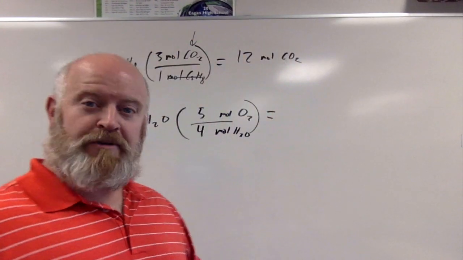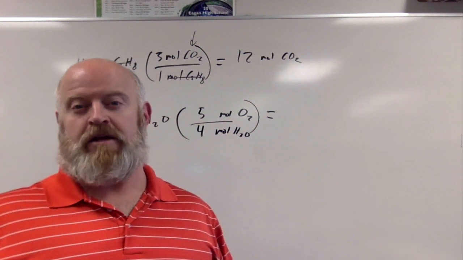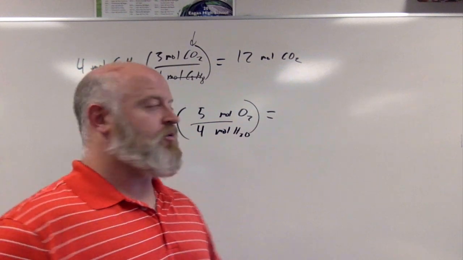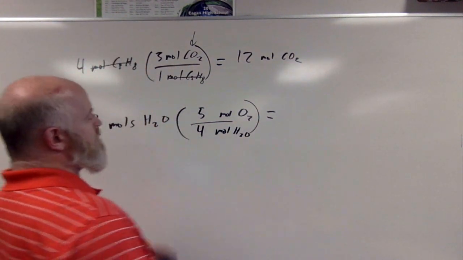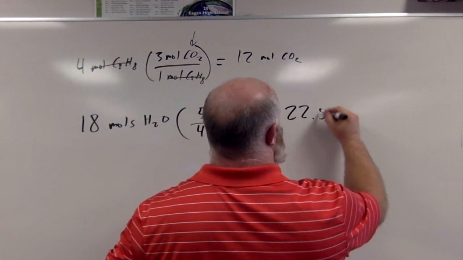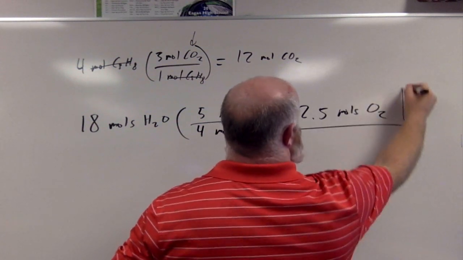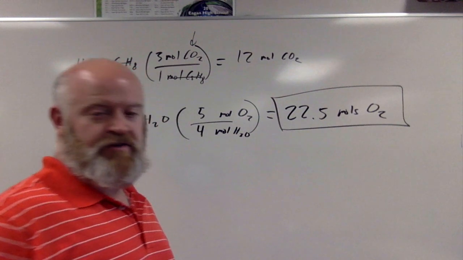Again, you might be able to do that in your head, and if you can, that's great. But this is just one step in a bigger process that we're building towards. So 18 times 5 divided by 4, and we end up getting 22.5 moles of oxygen is what we need for that.